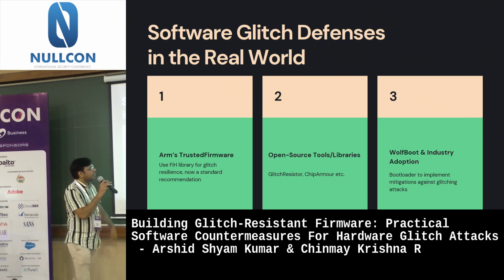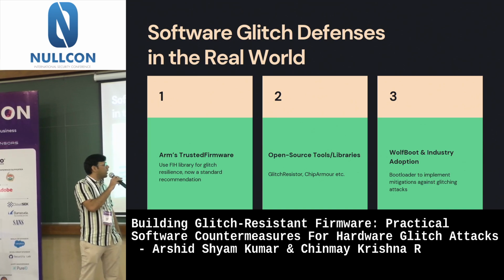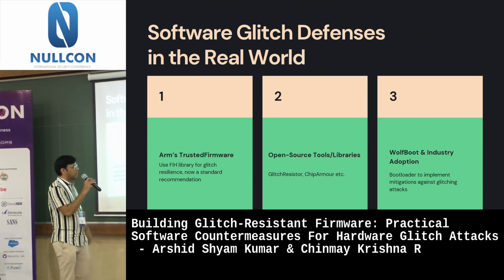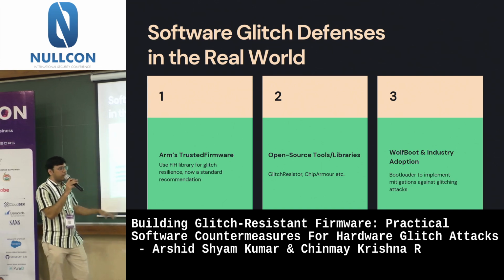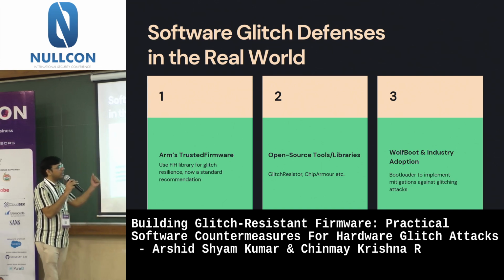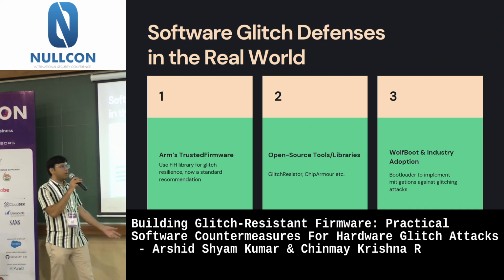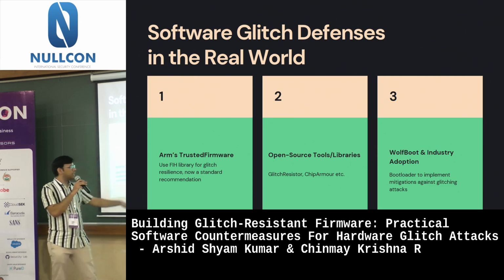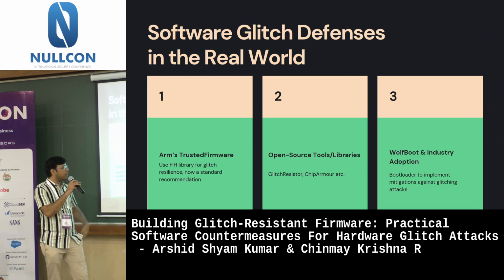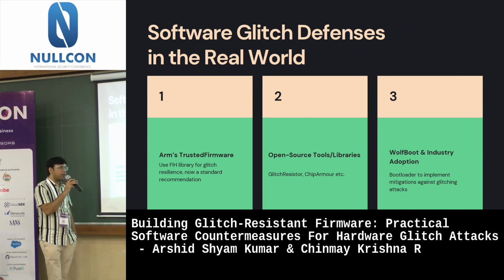I just took a recent announcement: wolfBoot has advertised that it is glitch resistant. wolfBoot is wolfSSL's bootloader. So what does that mean? Their code is open, so you can go and see. They added a few software countermeasures in the wolfBoot critical section.